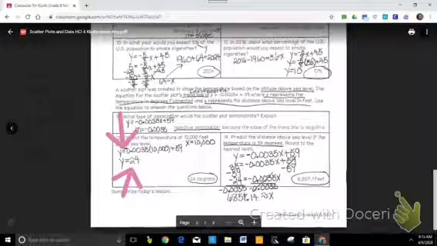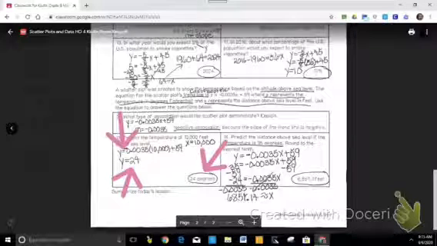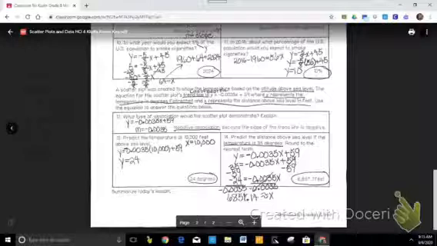So we would predict it to be 24 degrees, 10,000 feet above sea level.